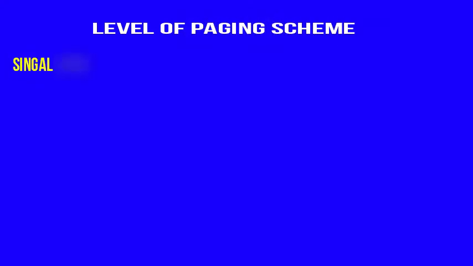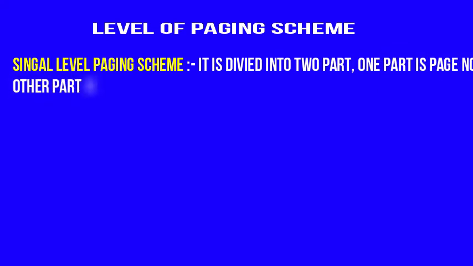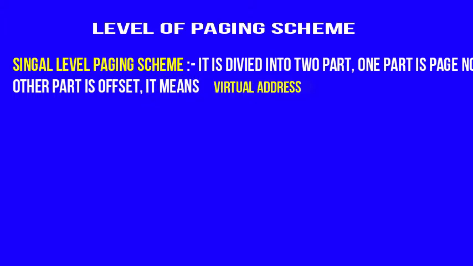Level of paging scheme. Single level paging scheme means the address is divided into two parts. One part is called page number and another part is called offset. It means virtual address equals page number plus offset.